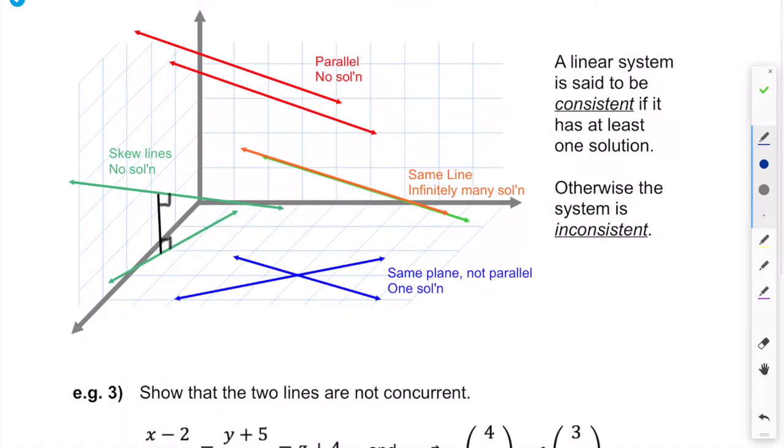So you see that the green pair of lines here, they follow different paths. So obviously they're not parallel to each other. However, they keep passing each other without crossing because one line is elevated. Even if it travels at an angle, it's going to miss the other line.